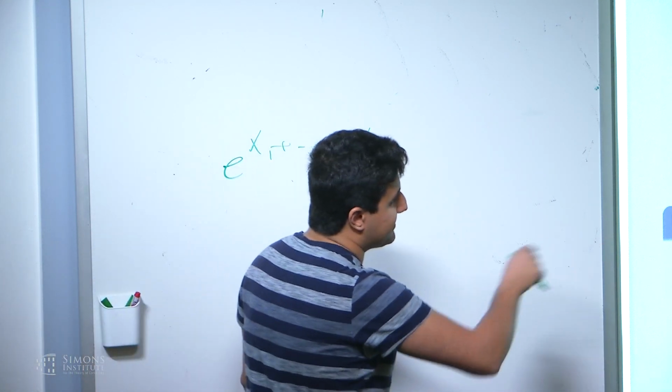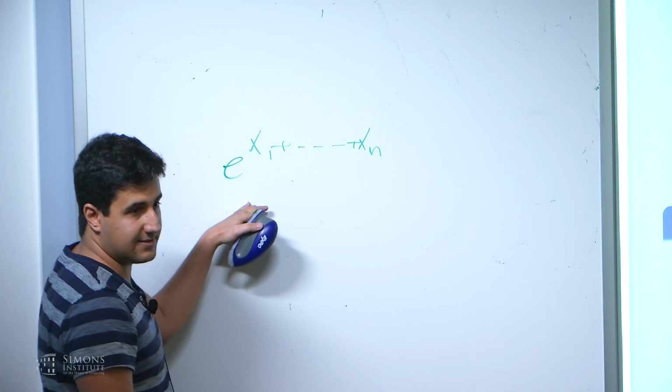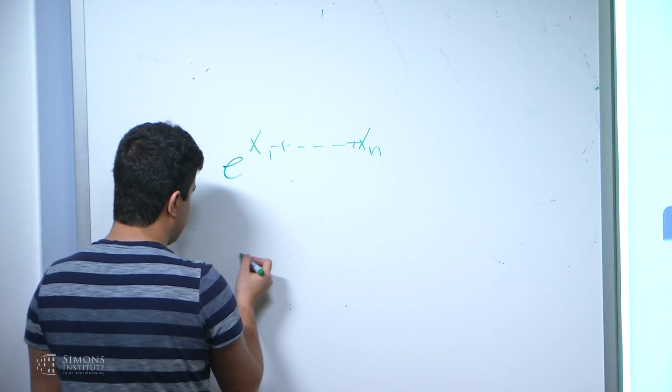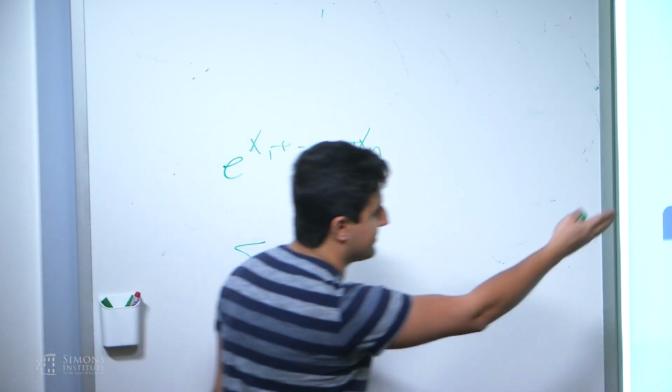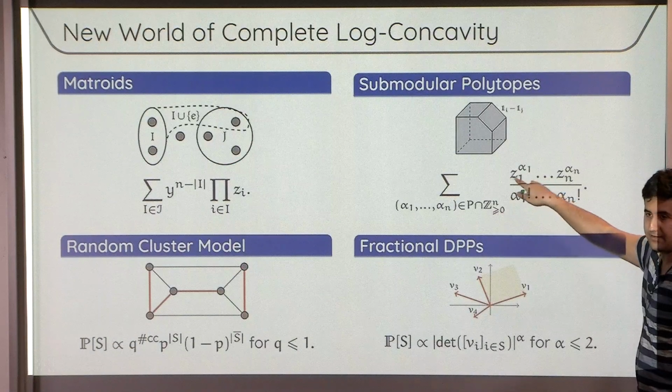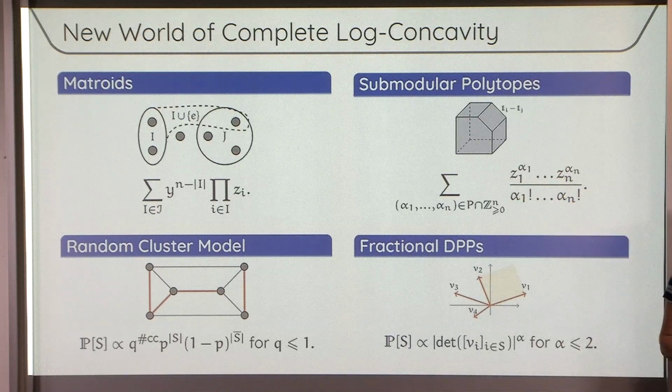So that statement is saying that when you restrict the Taylor series to points inside such a polytope, okay? So you sum over only integer points inside the polytope of whatever you get in the Taylor series of e to the x. This thing is completely log-concave. Okay? When you're talking about 0, 1 polytopes, this is the generating polynomial of the uniform distribution. When you're talking about higher powers, you have to include the factorials.